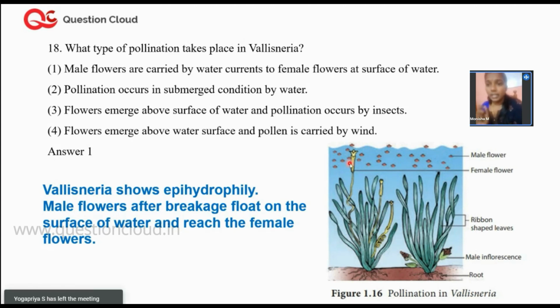Okay, so in case of Valsineria, please remember that the male flowers which are submerged inside the water will produce pollen grains, and these pollen grains will actually migrate from the bottom and reach towards the top of the female, which is the surface of the water, where the female is present, and there it will undergo fertilization.